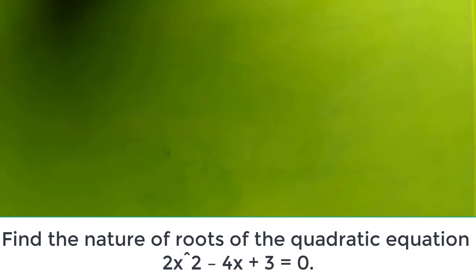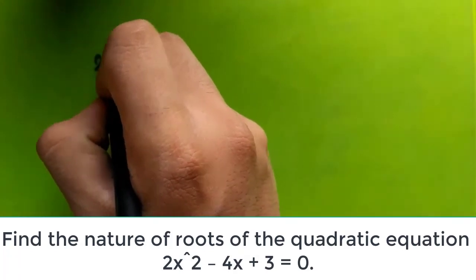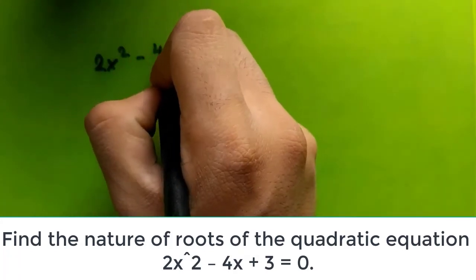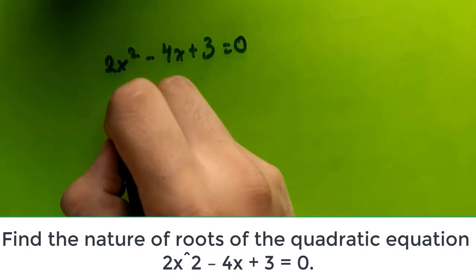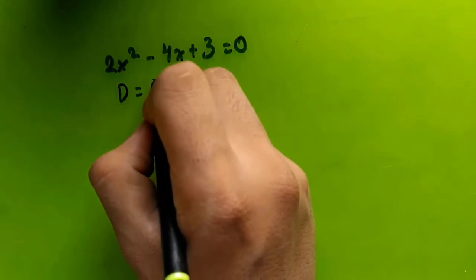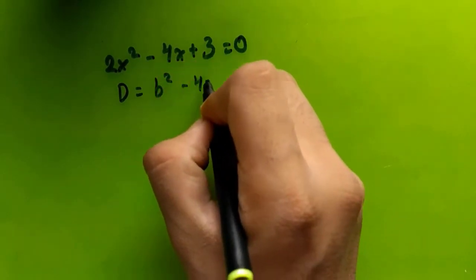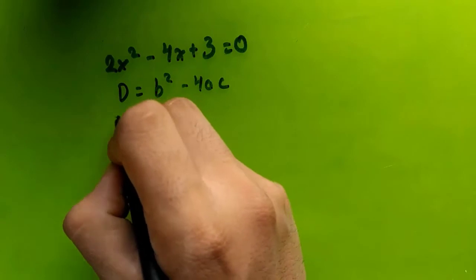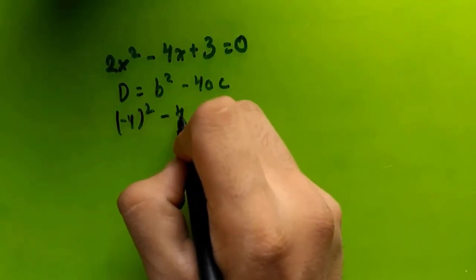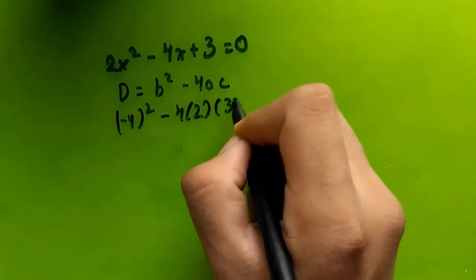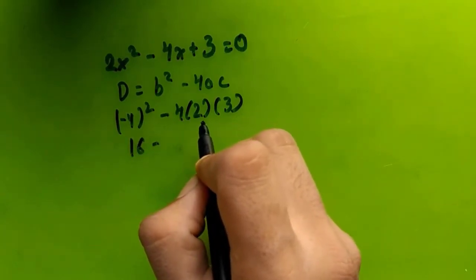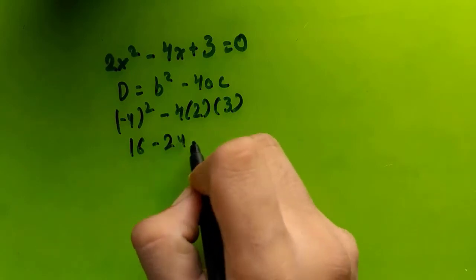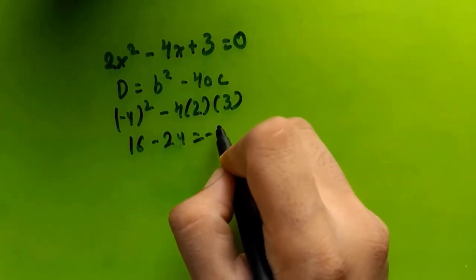Next question. Find the nature of roots of quadratic equation 2x square minus 4x plus 3 equal to 0. Therefore discriminant is equal to b square minus 4ac, which will be equal to minus 4 square minus 4 into 2 into 3. Therefore 16 minus 4 2s are 8, 8 3s are 24, 24 is equal to minus 8.